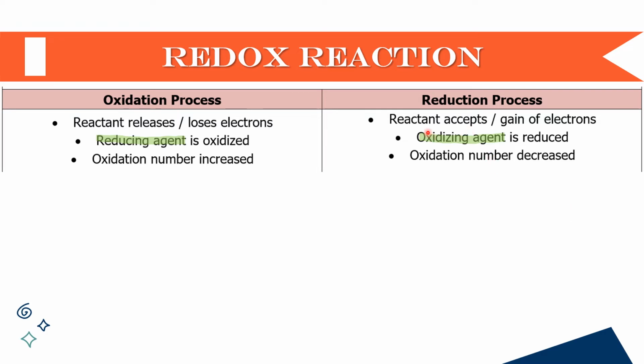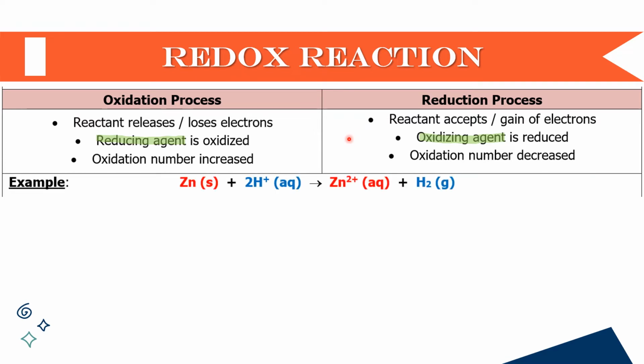This is because it forces the other reactant to undergo oxidation. Same goes with the reactant that undergoes oxidation: it is a reducing agent because it makes the other reactant undergo reduction.